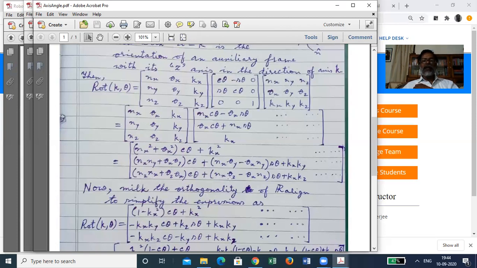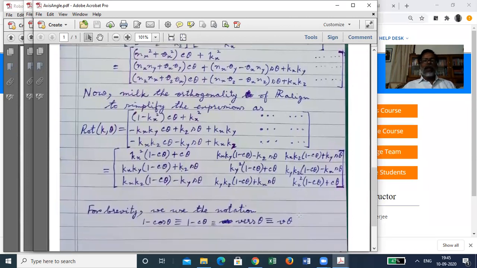And this nx oz minus ox nz will be minus ky, so write minus ky in that place. And the last, kx kz, you will keep as it is. Similarly, you will get the other columns.